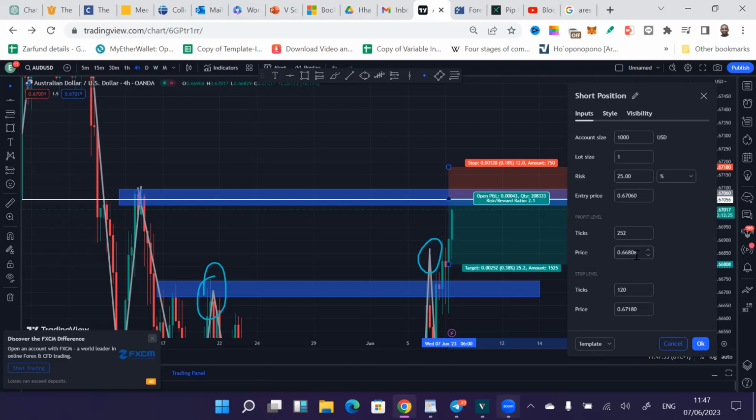So I'll take a screenshot and send it to the group now so that those who have not gotten it will get it. Are we buying or selling? It's a sell limit. I'll post it to the group now. Look at it now. AUD sell limit is in the group right now.